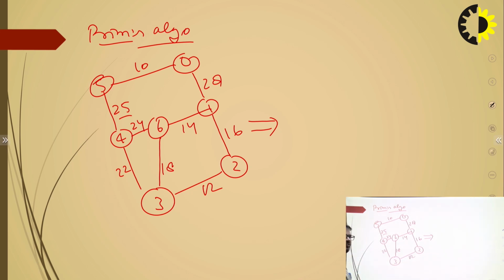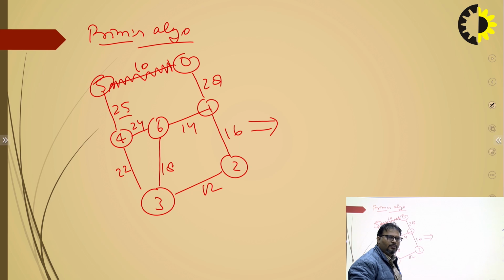What is the minimum value? The minimum value is 10, so we consider 10. Got it? Now this edge reaches the 5th vertex. Again we consider 0 to 1 with value 28 and 5 to 4 with value 25.